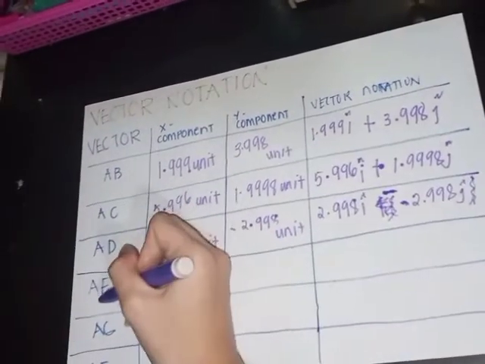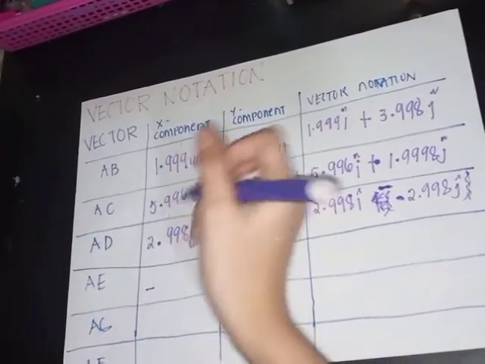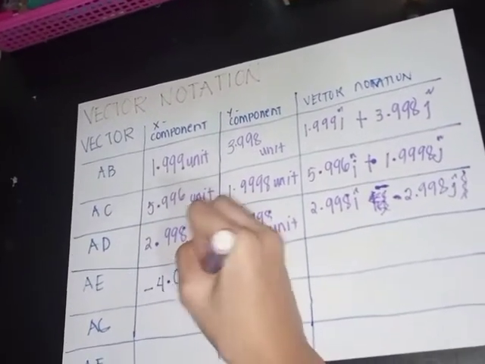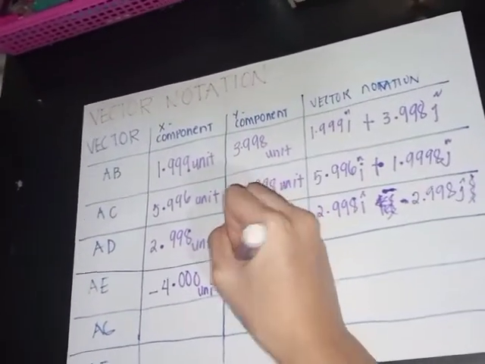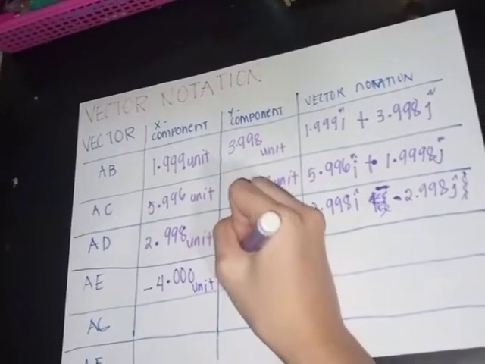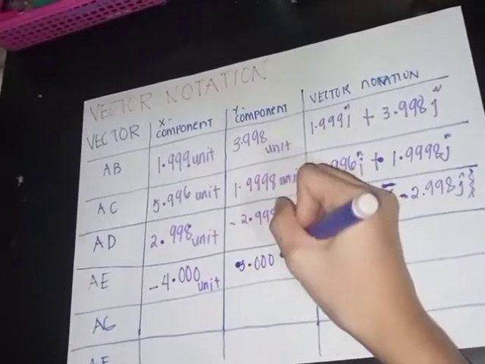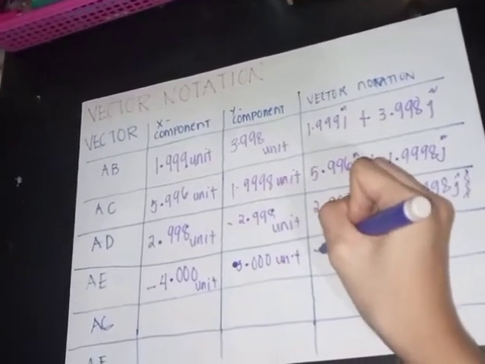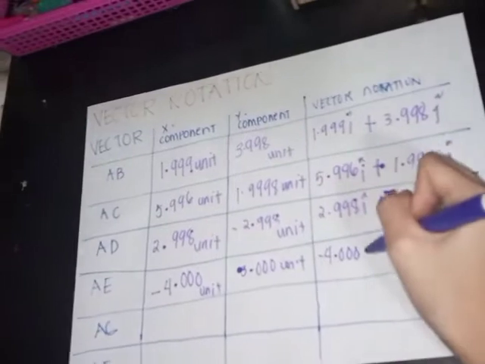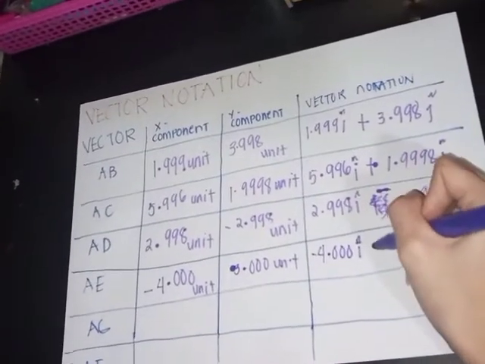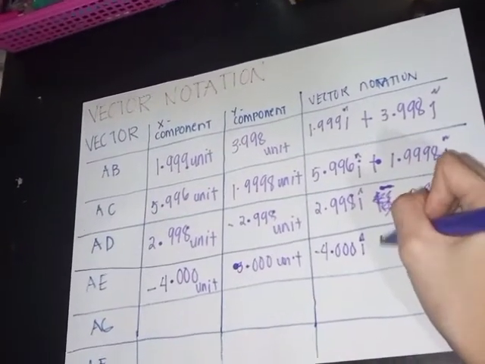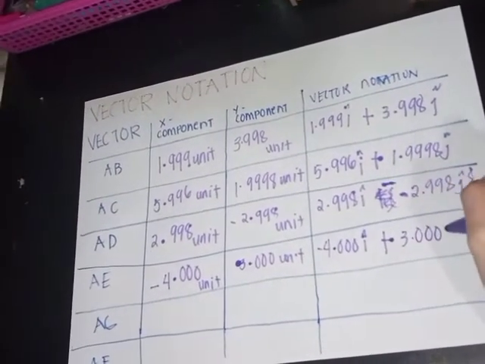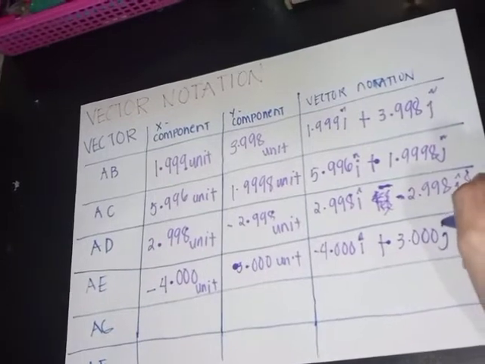So for vector AC, for x component we have negative 4 unit, and then for y component we have 3 unit, and then for vector notation negative 4, then vector notation i plus 3 vector notation j.